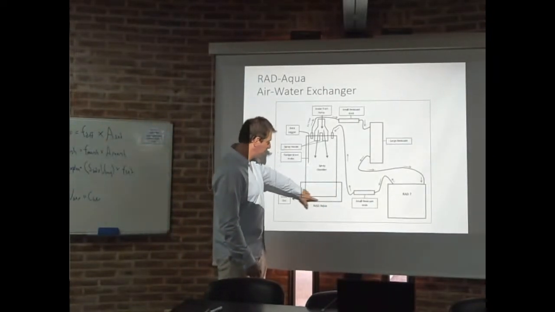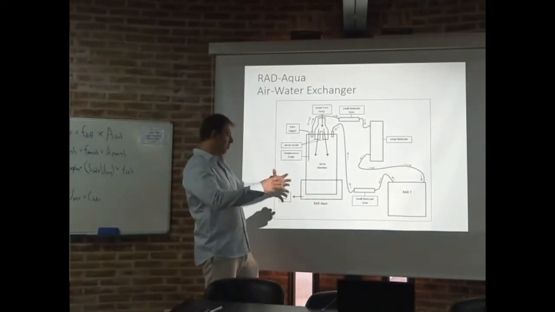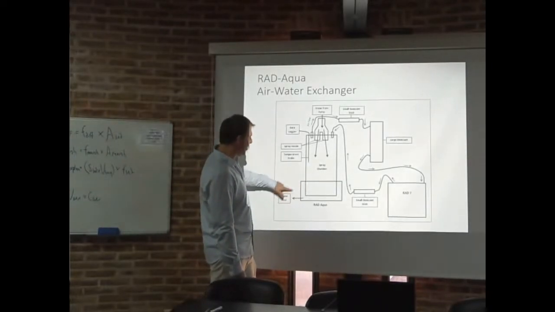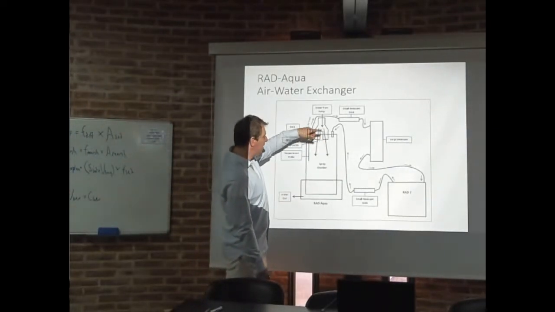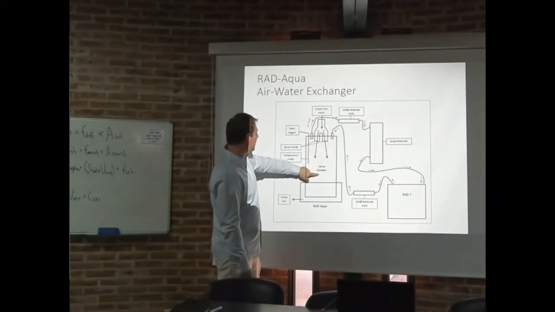So here we have our Rad Aqua system. It's sitting in sort of a little box or enclosure, and that water then fills up and eventually goes out. The water comes in via the pump, and it gets sprayed down.